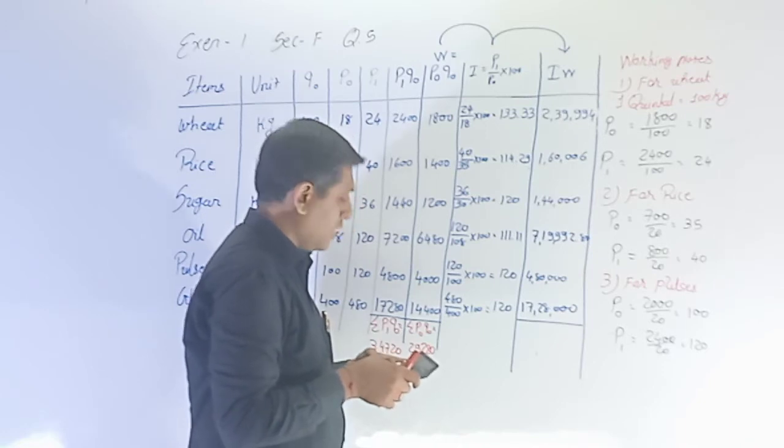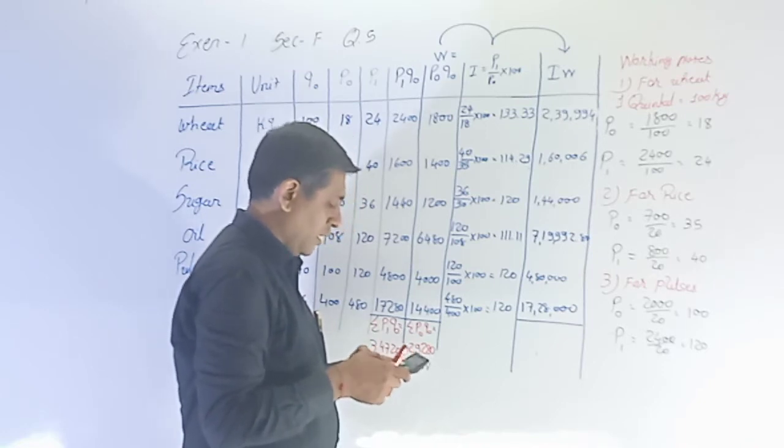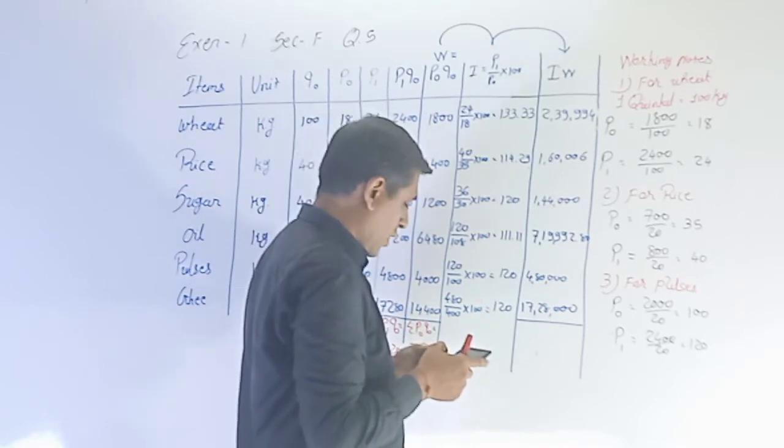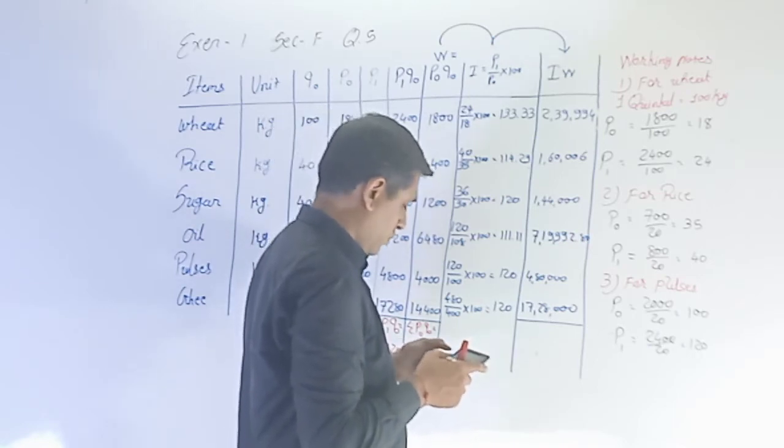2,39,994 plus 1,60,006 plus 1,44,000 and so on.